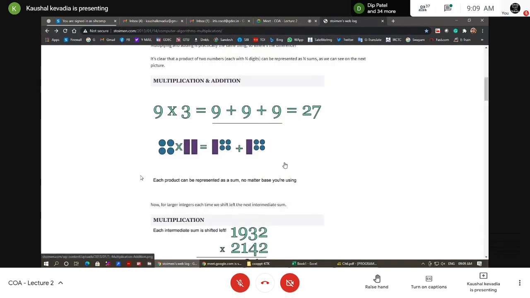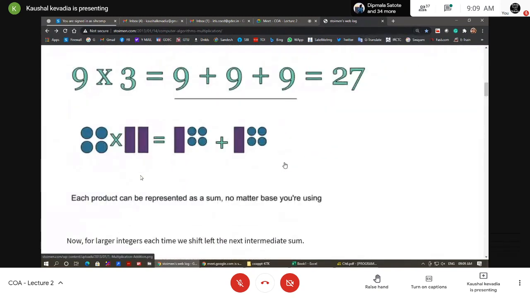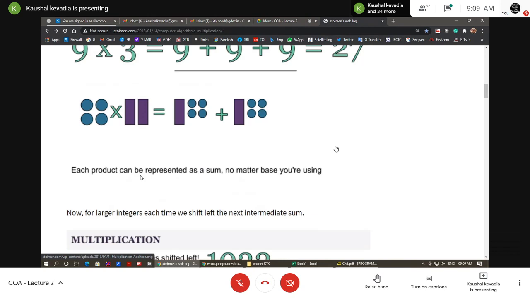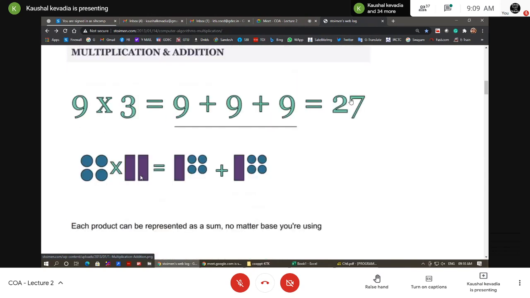So let me start the discussion. As we discussed earlier, we have a limited number of instructions. So if we want to do multiplication, we depend on addition. Suppose I have decimal numbers and I don't have a direct multiplication operator, then I have to add that number as many times as the multiplier. जो multiplier number होगा उसके multiple time हम उस product को add करेंगे and then we will get my answer.